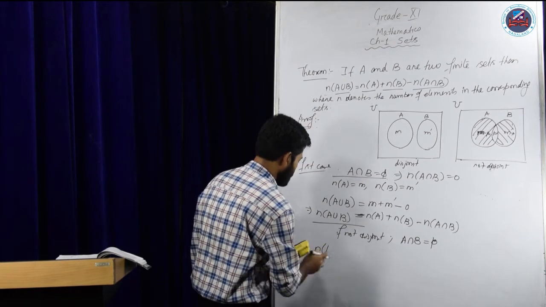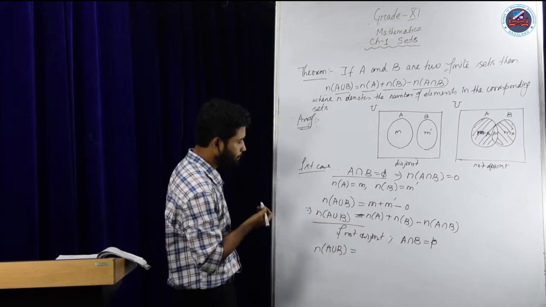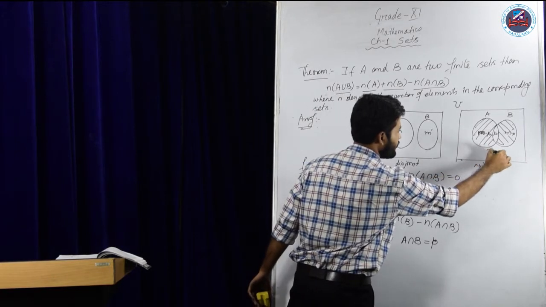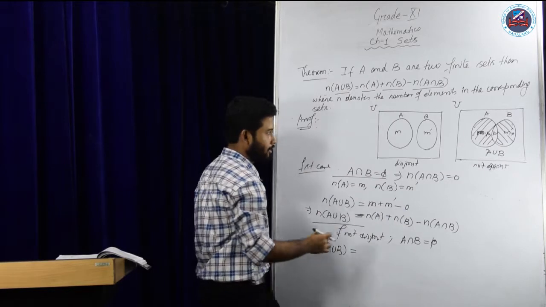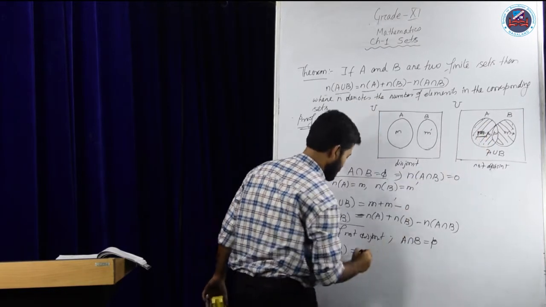So in this case, what will be the number of elements of A union B? Just take it from here. If I take the A union B here, I need to take all the elements from this, isn't it? So at first I need to take this particular part, that is m minus p.